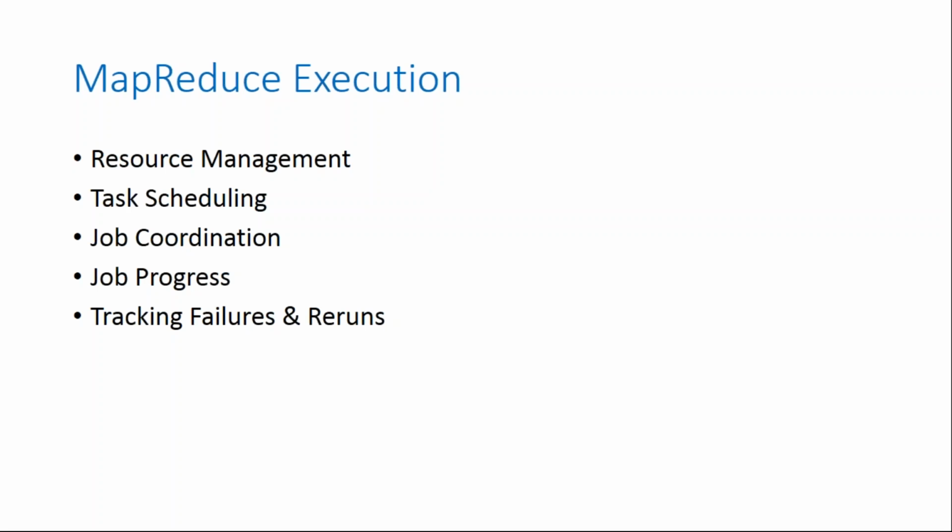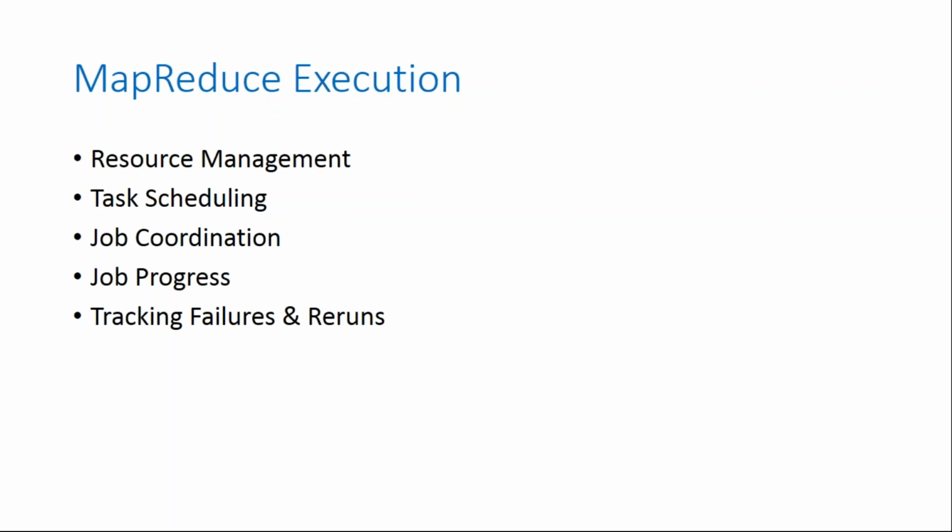And the job's progress, it is going to keep track of how the job is running, because if something fails, it has to take the task and assign it to a different task tracker. That comes under the same thing, tracking failures and reruns.